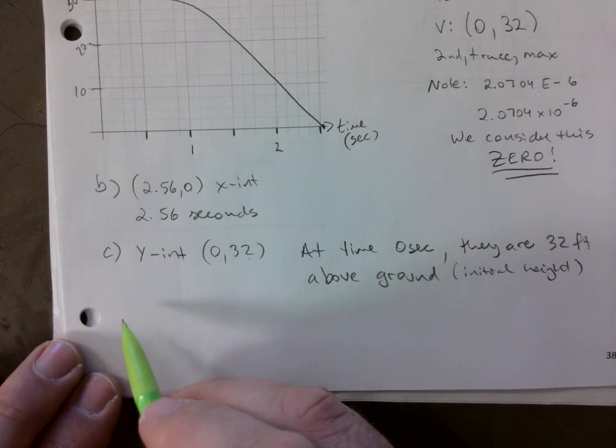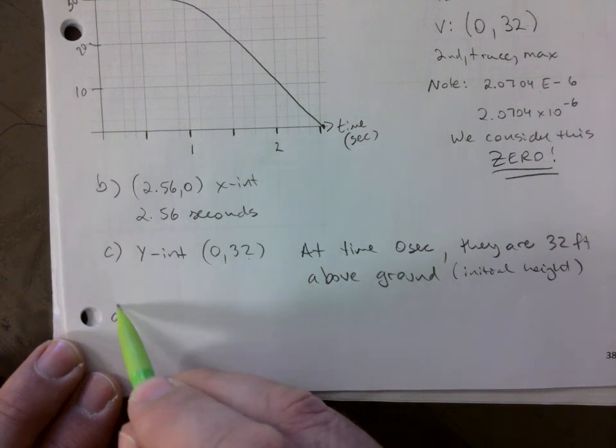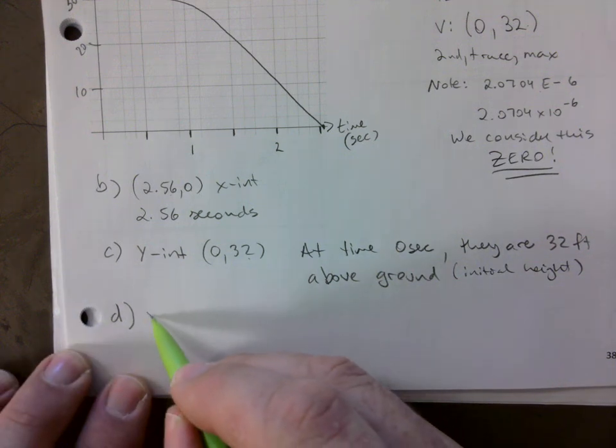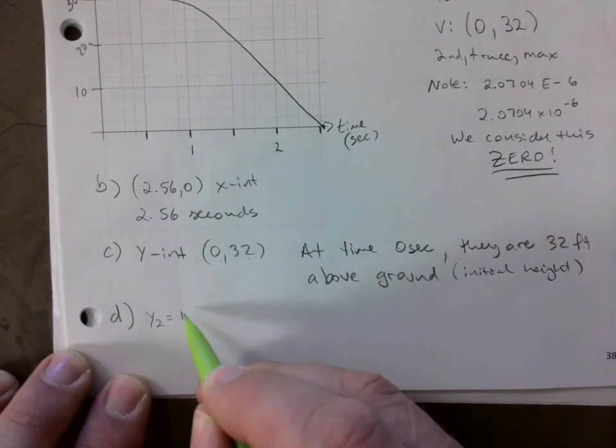D. This is a classic here. D is worth 2 marks usually. Read D with me. How long are the buffalo at or above 15 feet? Okay? You should already know that I will make a mark.